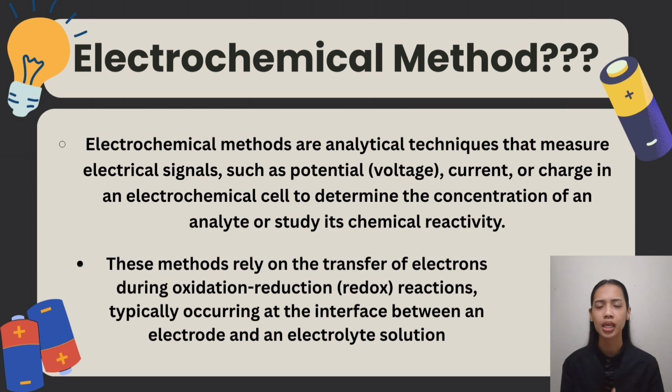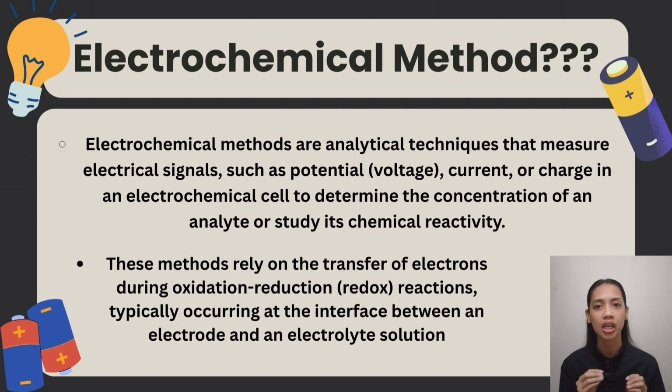To simplify, we can divide electrochemical techniques into two main categories: bulk techniques and interfacial techniques. Bulk techniques measure properties of the entire solution in the cell. For example, conductometry measures the solution conductivity, which depends on the total concentration of dissolved ions. On the other hand, interfacial techniques focus on the interface between the electrode and the solution.